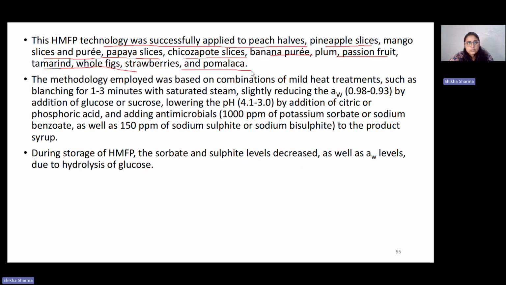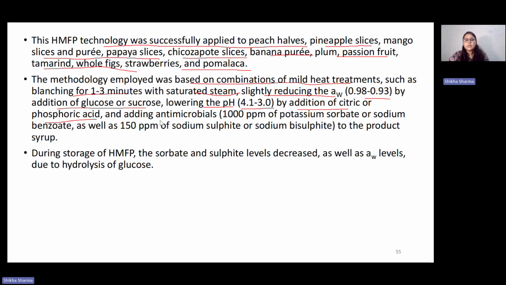This methodology was based on the combination of mild heat treatment, such as blanching for 1 to 3 minutes with saturated steam. We can slightly reduce the water activity from 0.98 to 0.93 by addition of sucrose or glucose, and we can lower the pH from 4.1 to 3 by adding citric acid or phosphoric acid.